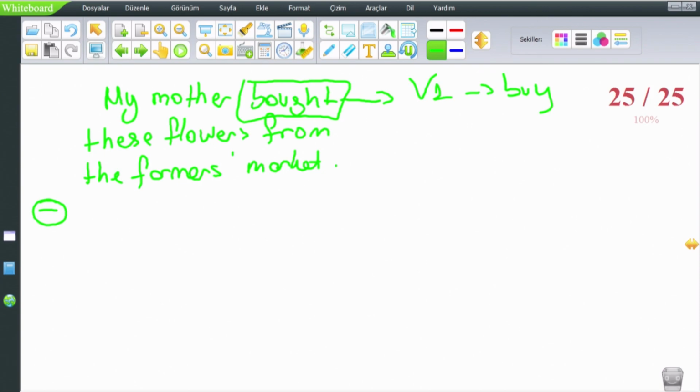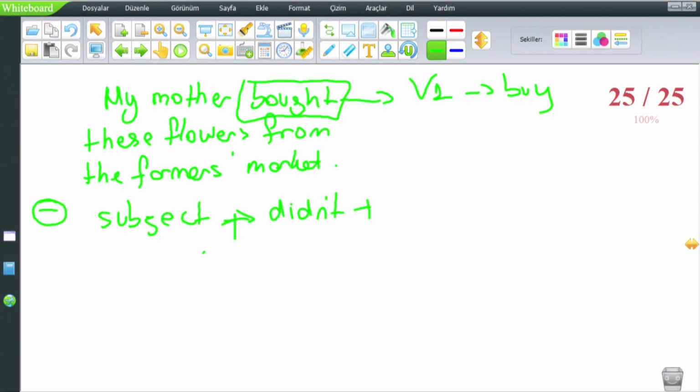Okay, how do we make negative form of past simple when we're talking about verb sentences? We use didn't after any subject. It doesn't change depending on the subjects we have.